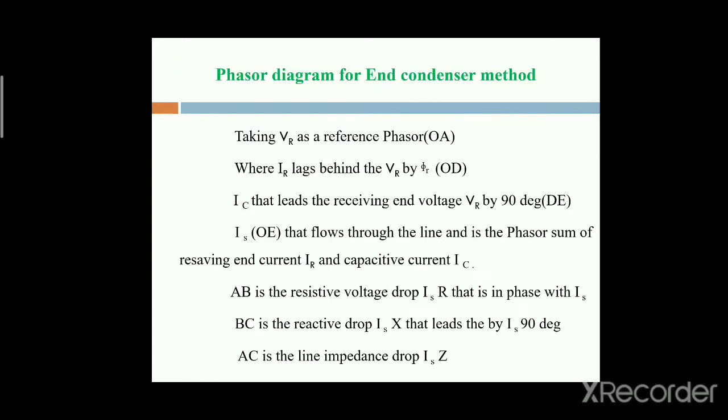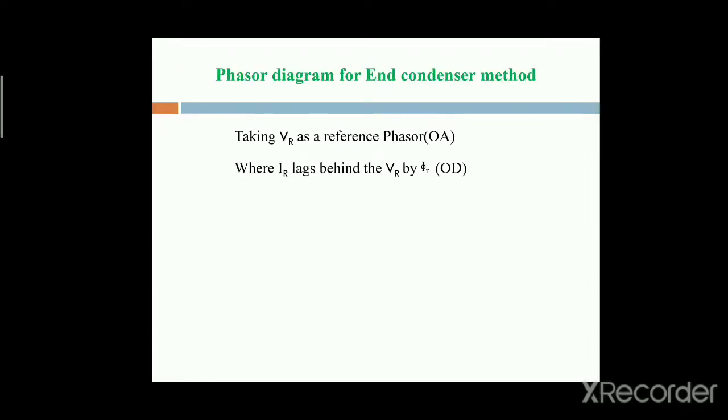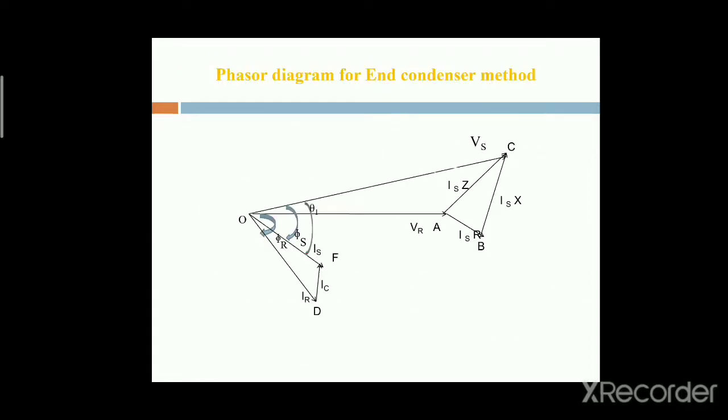VR is the receiving end voltage. From the phasor diagram, Vs is equal to VR plus Is into Z.